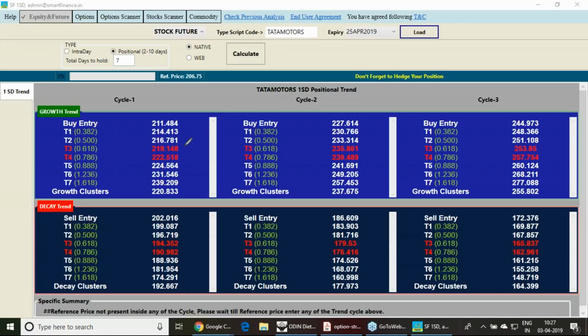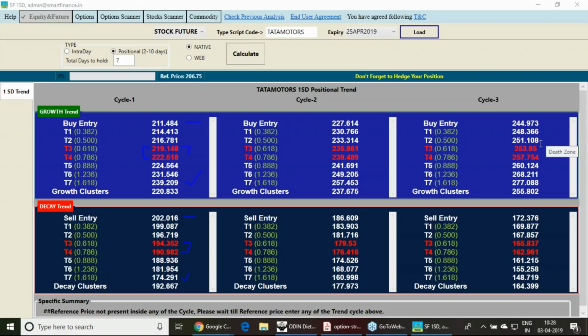It is suggesting that above 211 it can go till 219 to 222. If this level is crossed, then you can go till 239. In the same way, if it falls below 202, it has every probability to touch the 191 level. And if it breaks that, it has every probability to come to the 174 level.